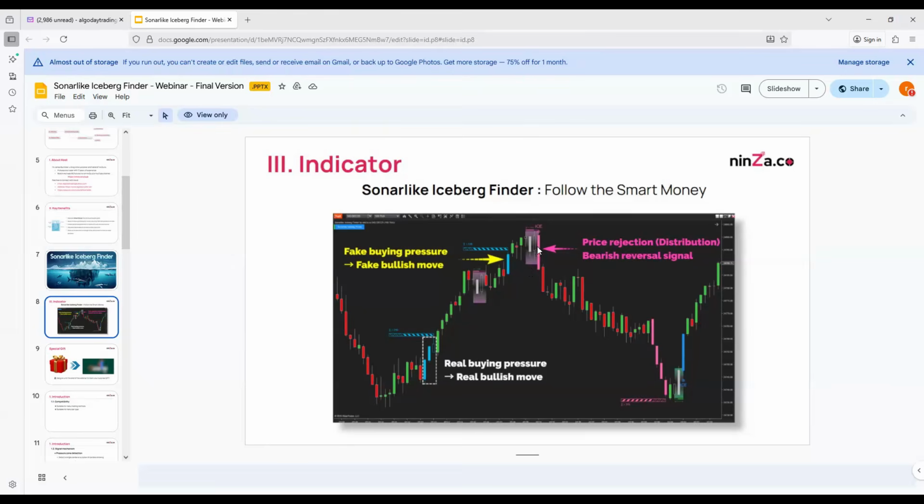Here is a market making new highs while all of a sudden the delta is negative. What is the delta? Delta measures the difference between buyers and sellers. Negative delta means there are more sellers than buyers. If there are more sellers than buyers, why is the price going up? Because it's a fake. It's not really going up. This was just accumulation, and they will just slam it down.